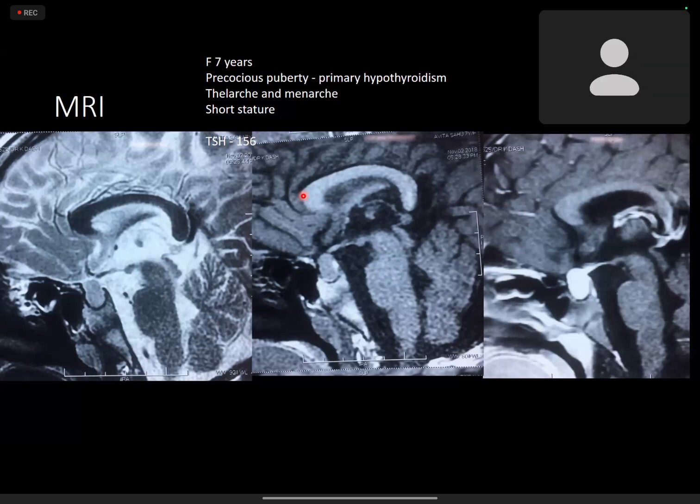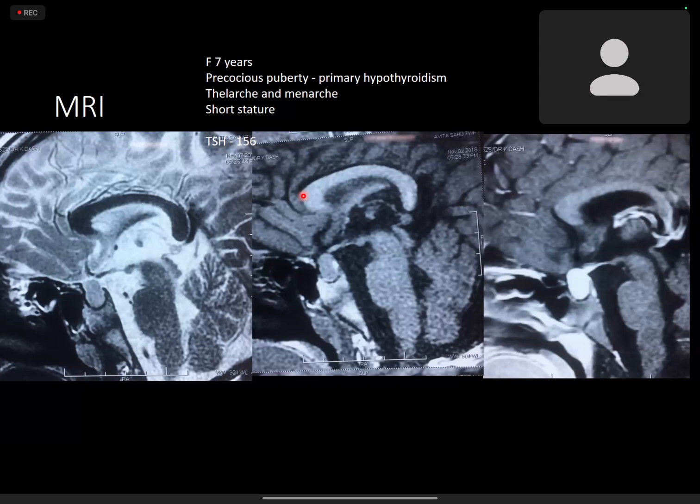Ma'am, in T2 and T1 sagittal images of the brain, there is a T1 and T2 iso-intense lesion in the sellar region. The posterior pituitary bright spot is normal.